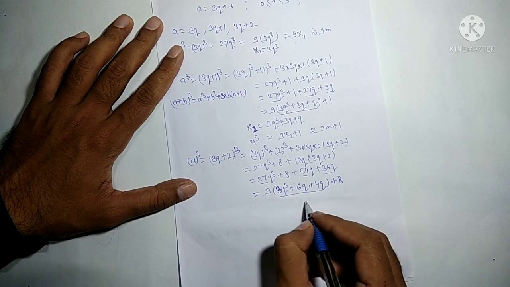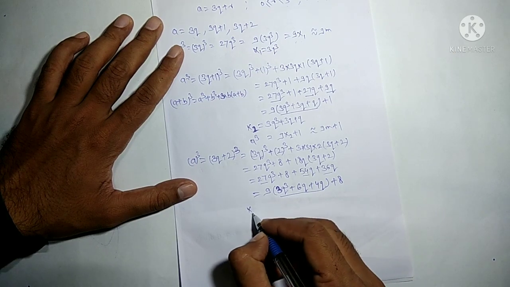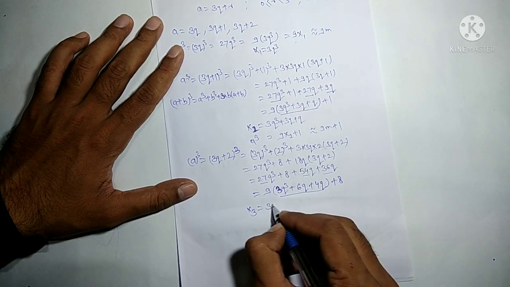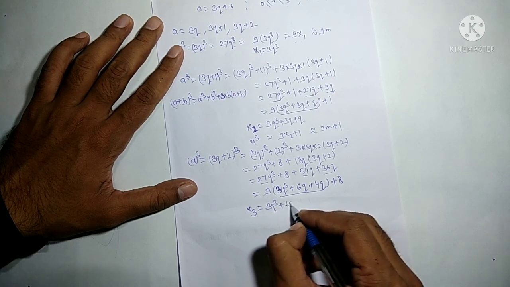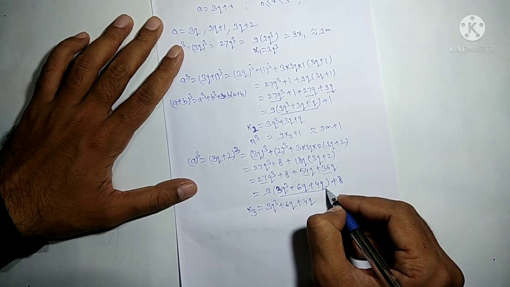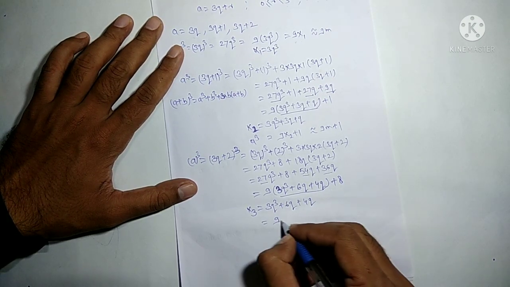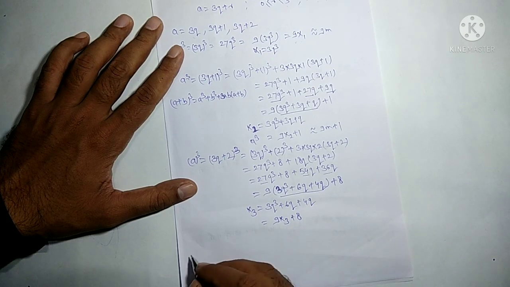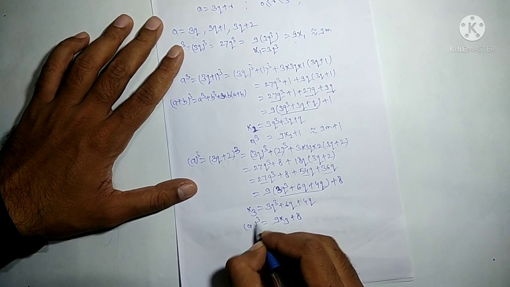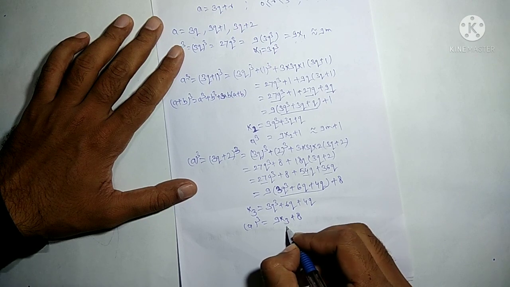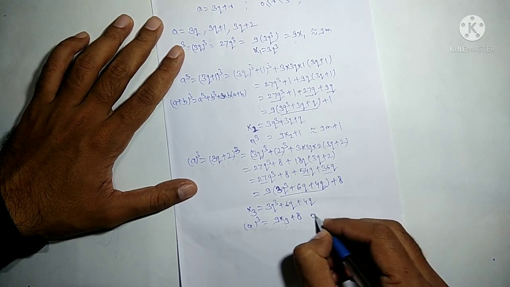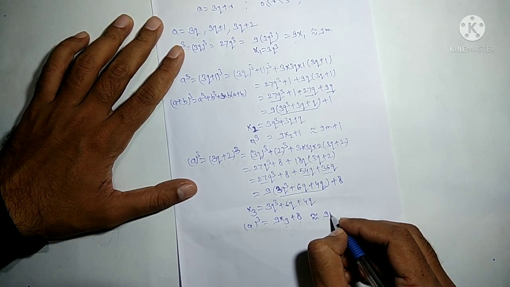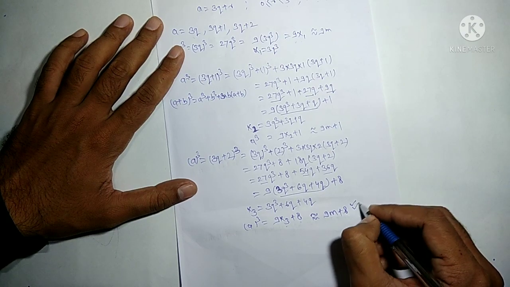It is a combination of integers and can be an integer. We can assume x3 equal to that, which can be written as 9x3 plus 8. The cube of any positive integer is in the form of 9x3 plus 8, and can be written as 9m plus 8.